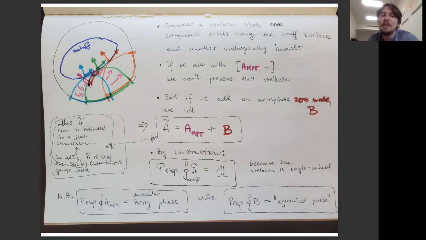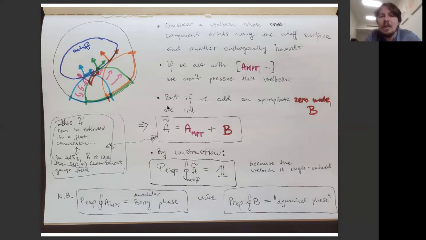So modular parallel transport by itself is not going to preserve this configuration. There's a question from the chat: by vielbein, do you mean the local Lorentz frame in the bulk? Yeah, a choice of local Lorentz frame in the bulk at each of these points. I actually really just need these two points in this drawing.